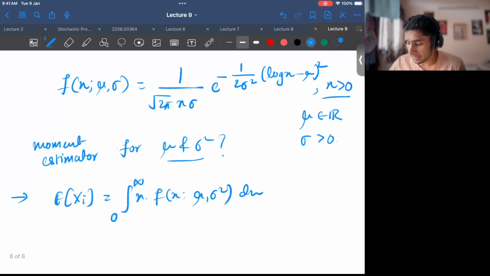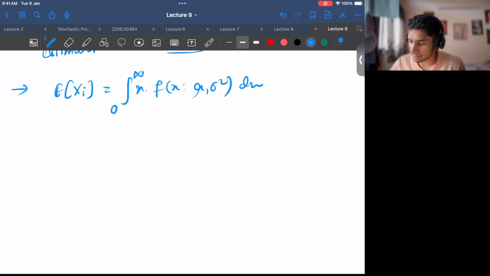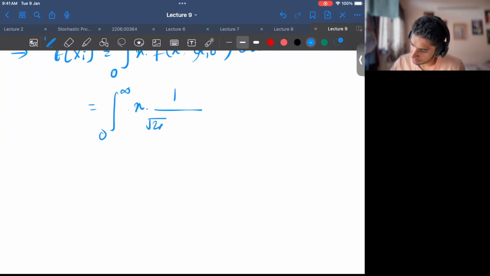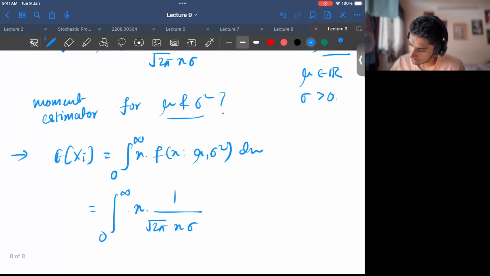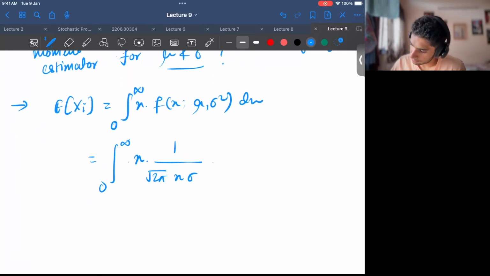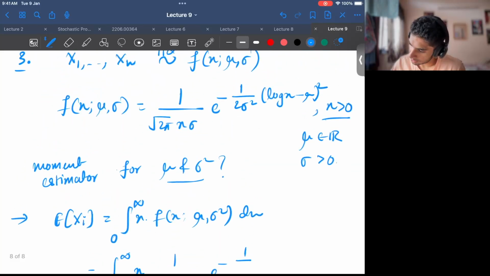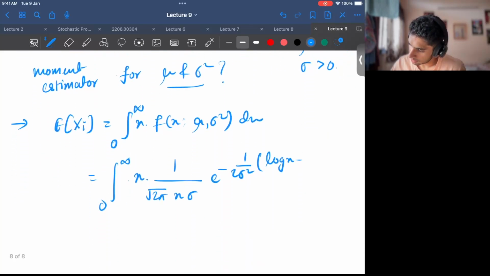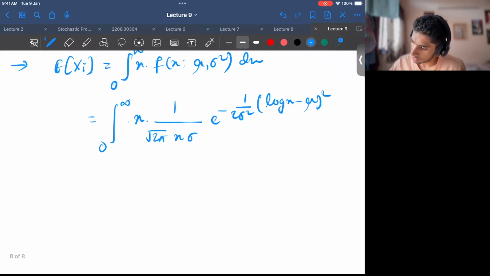So this is 0 to infinity, x times 1 by root 2 pi x sigma, e raised to minus 1 by 2 sigma square, log x minus mu whole square, dx.